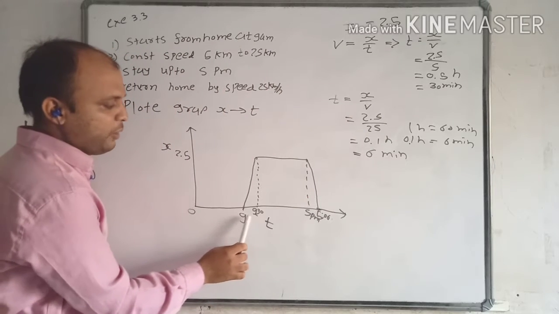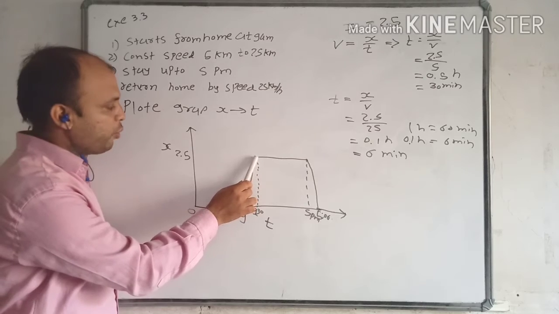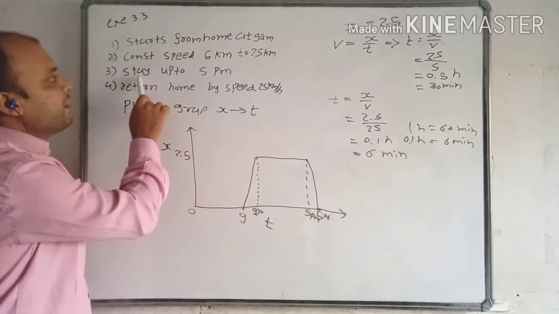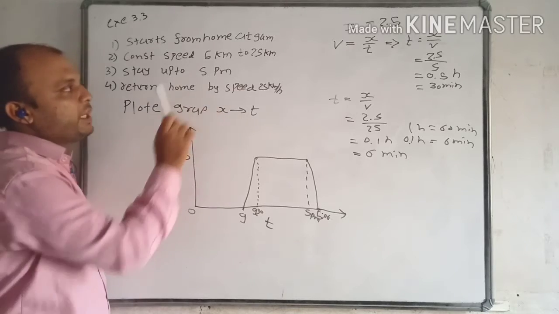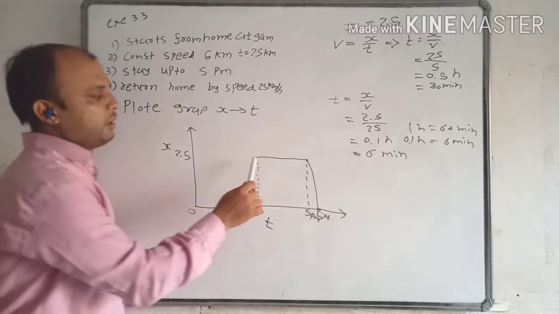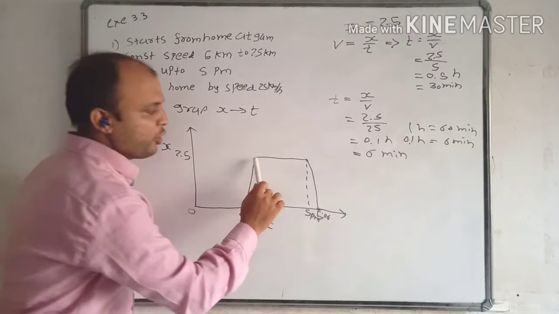So we take 9 to 9:30 and plot the graph up to 2.5 km on the y-axis. After that, she stays up to 5 p.m., which means she doesn't change her position, so the position remains the same at 2.5 km.